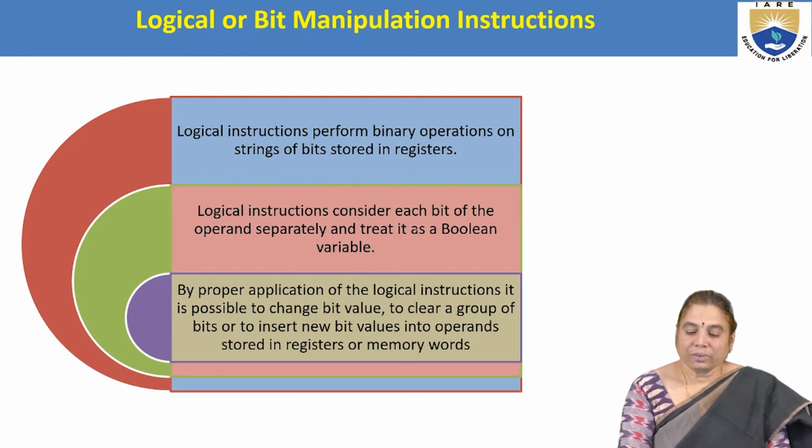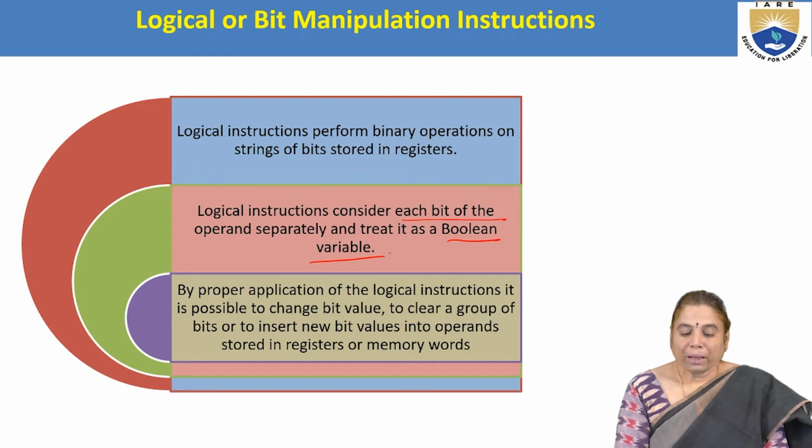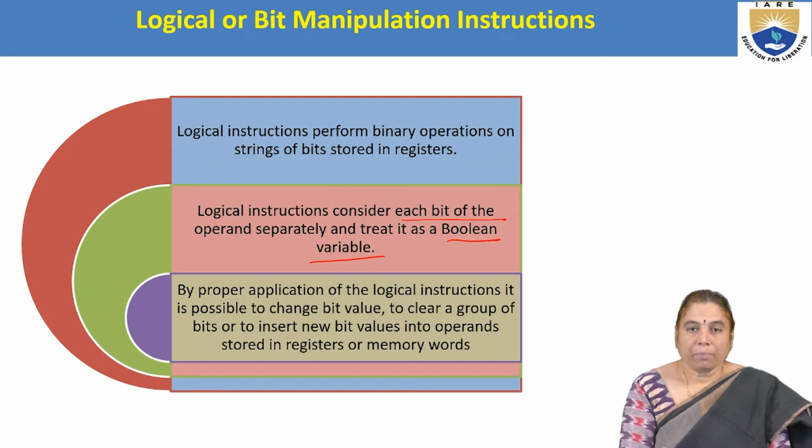They consider each bit of the operand separately and treat it as a Boolean variable. So, by proper application of the logical instructions, it is possible to change bit values, to clear a group of bits, or to insert new bit values into the operands stored in the registers or the memory words.